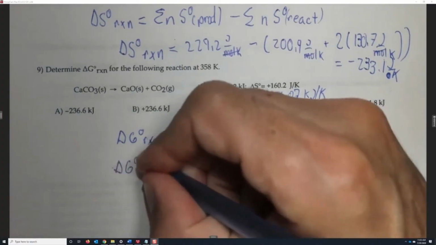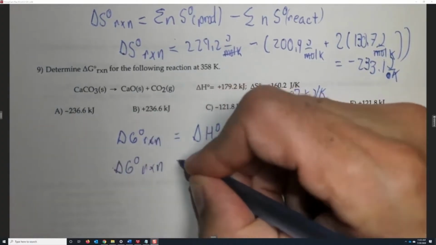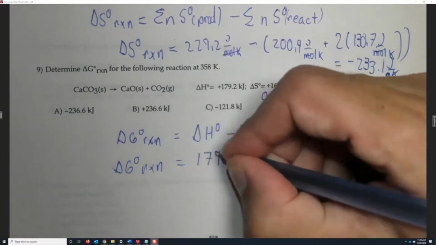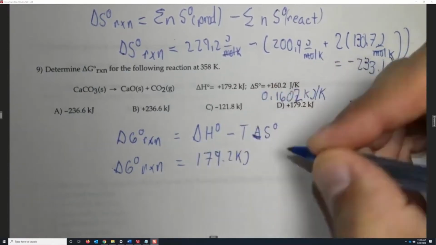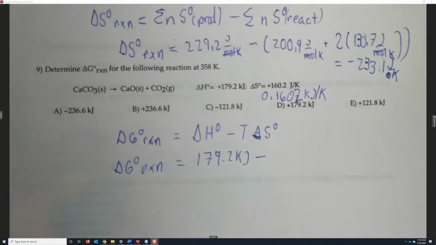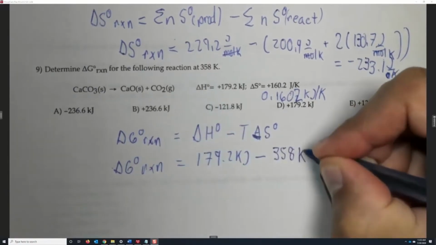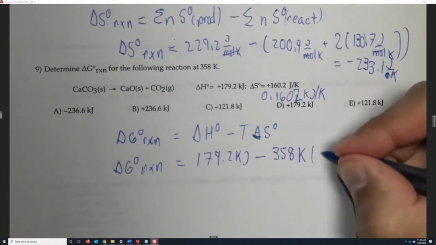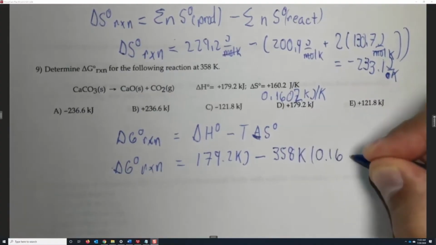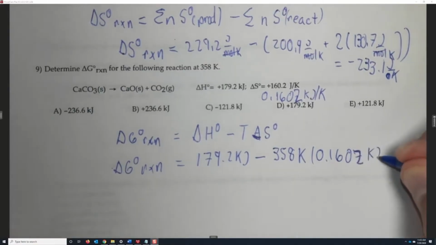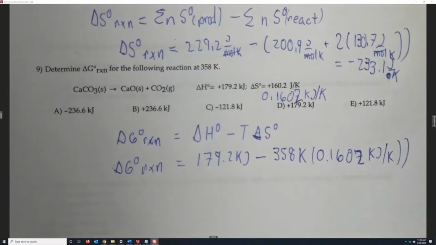Delta G of this reaction is equal to delta H, 179.2 kilojoules, minus T, which is given, 358 K, times delta S, which is 0.1602 kilojoules per K, like that.